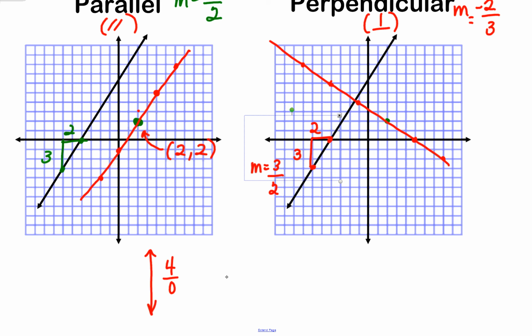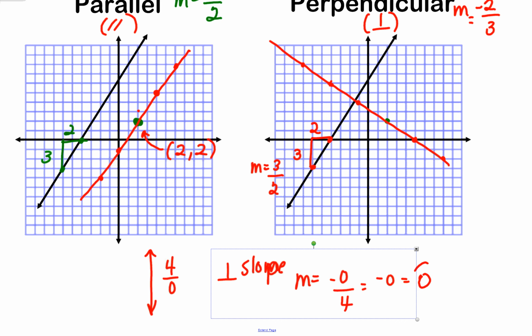If I take that negative reciprocal, I get 0/4, and I negate it. I get -0. There is no -0. It's just 0. So we would be done. So make sure you're careful with looking at those slopes and finding those negative reciprocals.